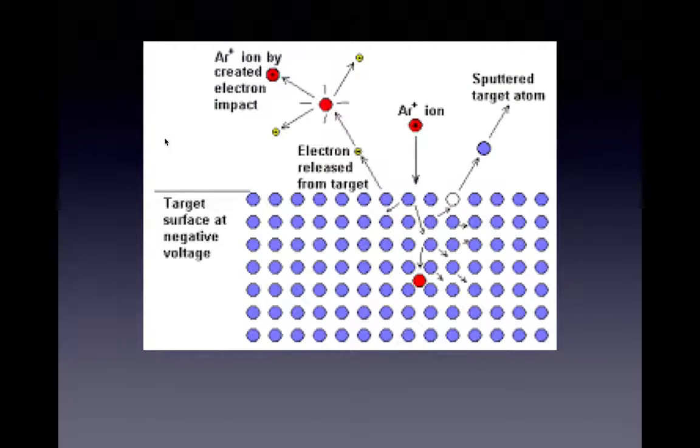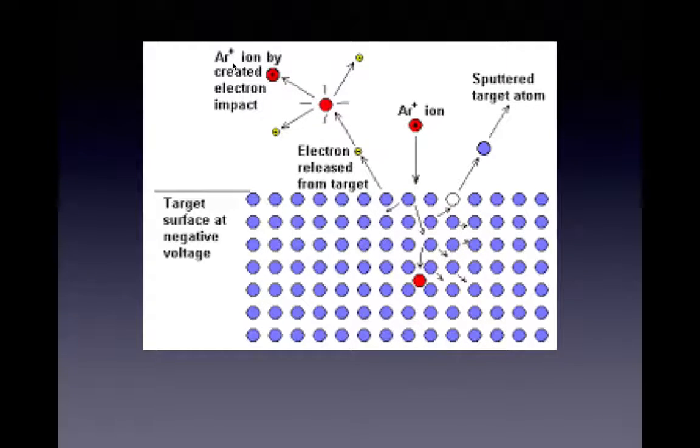And this diagram in particular shows the interaction between the argon ions, which strike the surface of the negatively charged target material, and then sputter off target atoms. So basically, first, when the current is applied, the electrons travel through the target material and then into the vacuum, where they interact with neutrally charged argon atoms to form a plasma state.